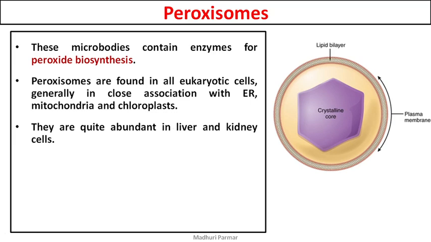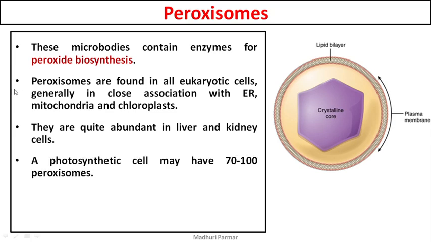It cleans your blood. So whatever particles or drugs it has to metabolize, it requires peroxisomes. So it is abundant in liver and kidney. A photosynthetic cell may have up to 70 to 100 peroxisomes. So in plants, you can have 70 to 100 peroxisomes in a photosynthetic, which means a green cell, a chlorophytic cell.